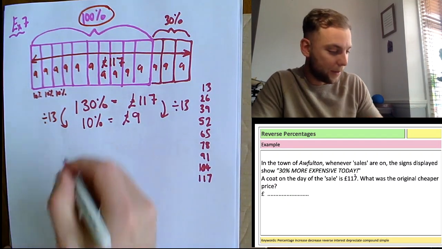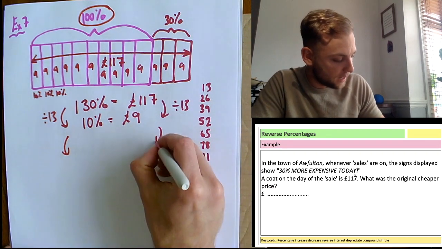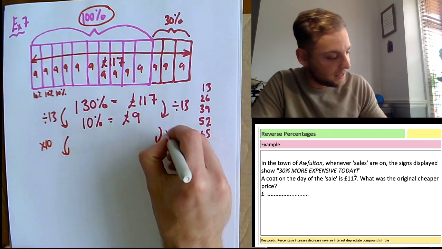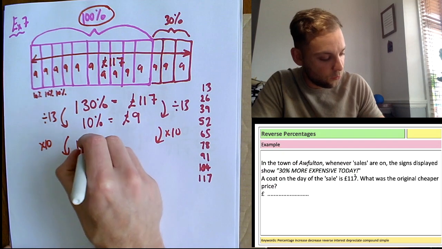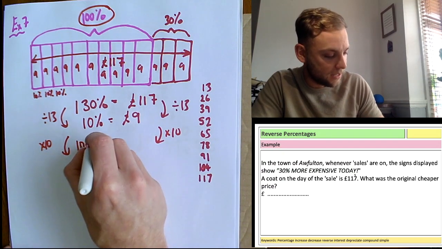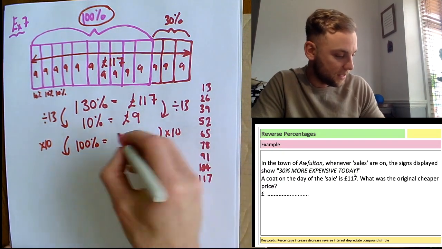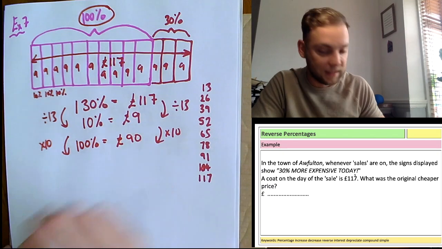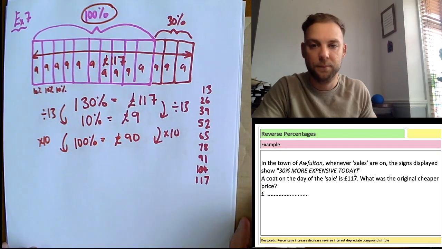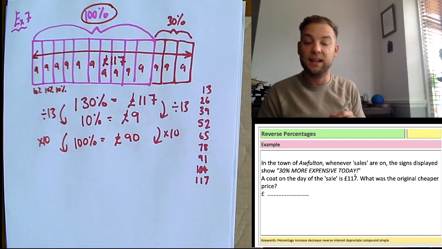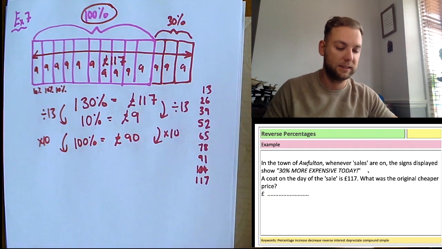And I do that by timesing by, what do I need to times by? Well, I need to times by 10 in this case. So 10% times by 10 is 100%. 9 times by 10 is equal to £90. Brilliant.